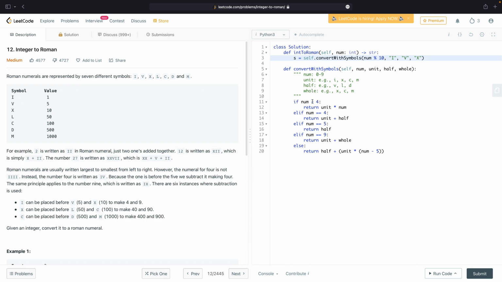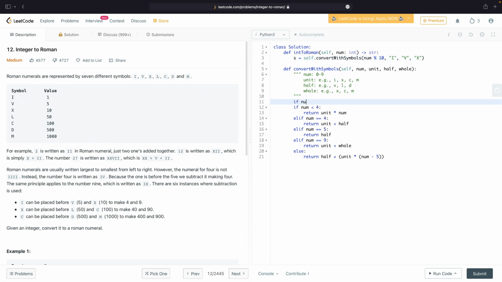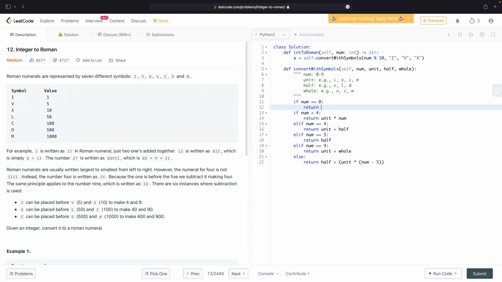If num is equal to 0, return the empty string. That's a special case that we need to be aware of. They couldn't write 0, basically, with this system. And if we want to do a 50, for example, once we've written the 50, we don't want to write anything else to signify the 0.